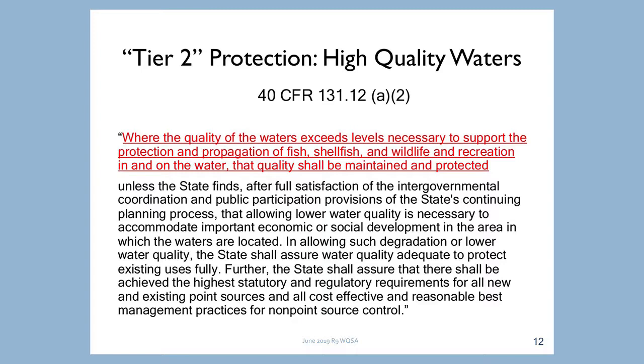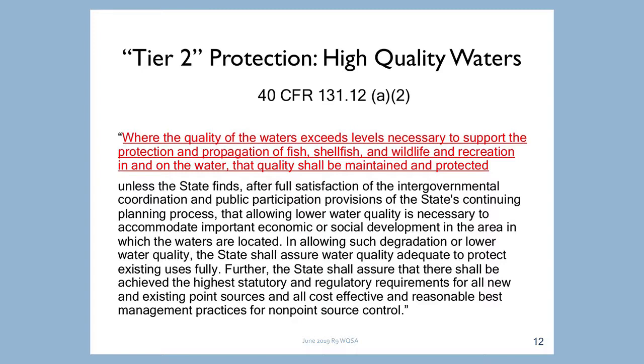What that means is not your designated use, because some waters don't have a designated use that meets the full 101(a)(2) goal. It's saying if your water is doing better for any parameter than what would otherwise be needed to maintain the Clean Water Act goal, that must be maintained and protected. Everybody with me so far?